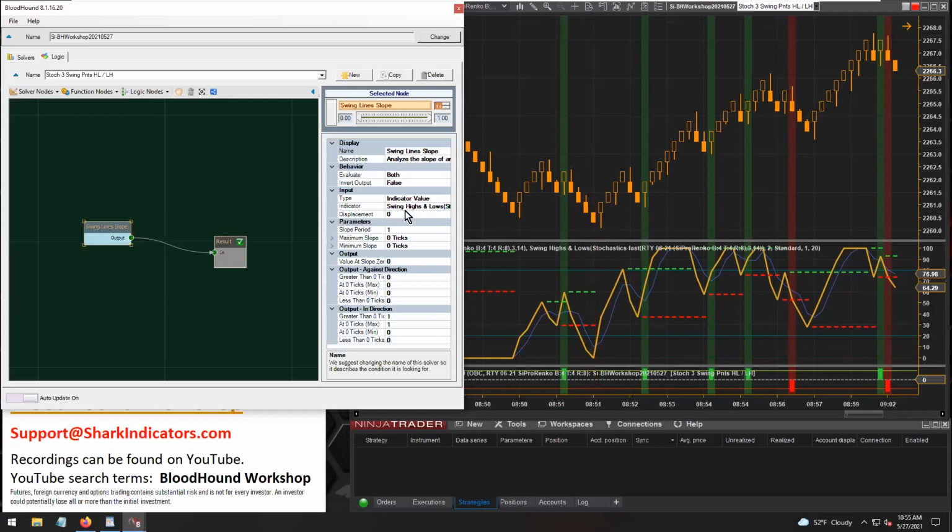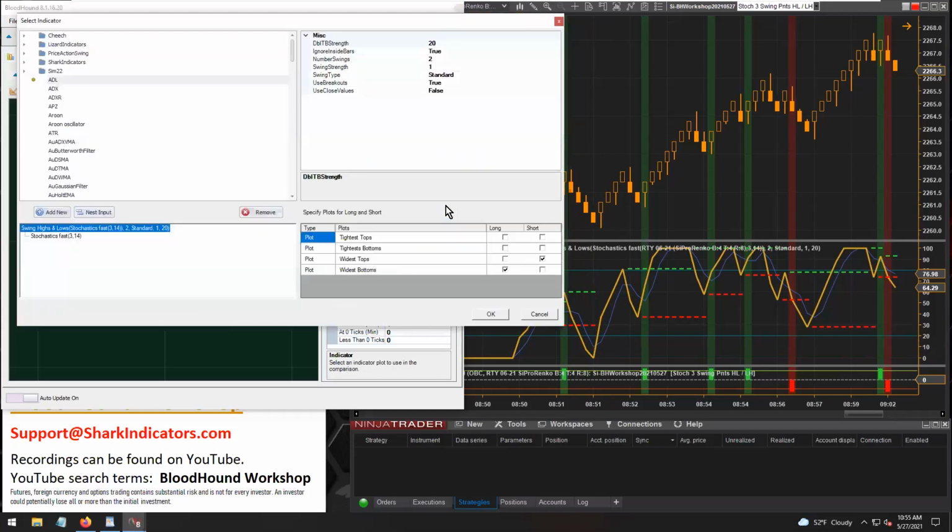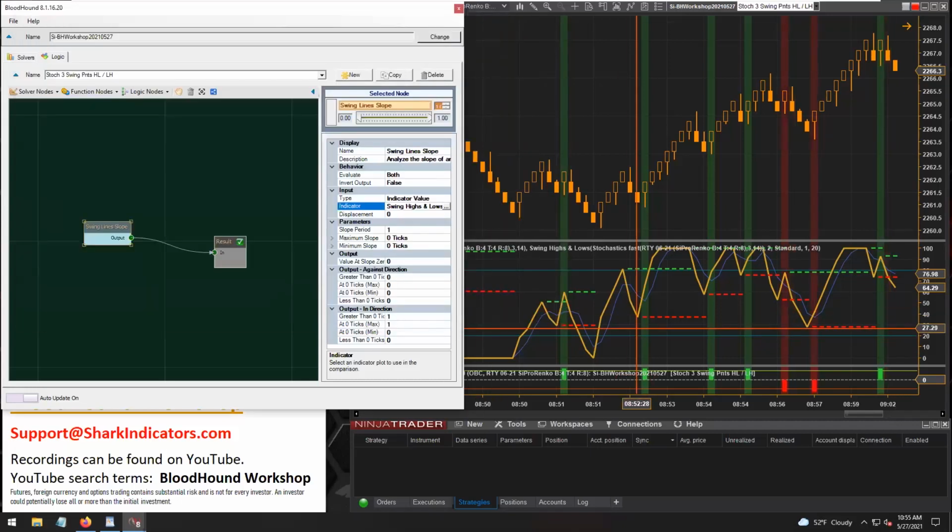So what I'm going to do for the slope solver is just look at the widest bottoms for long signals, and I'm going to generate short signals using just the widest bottoms plot only. I was hoping I would get a short signal here.